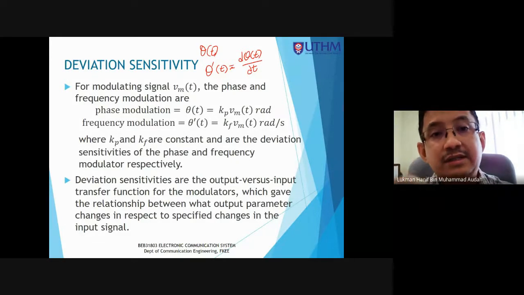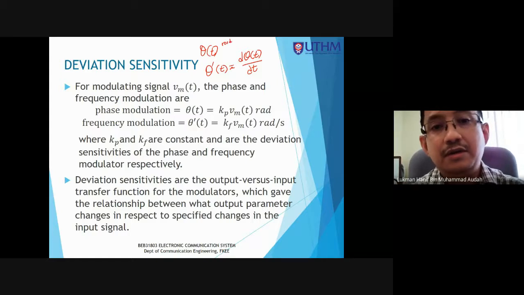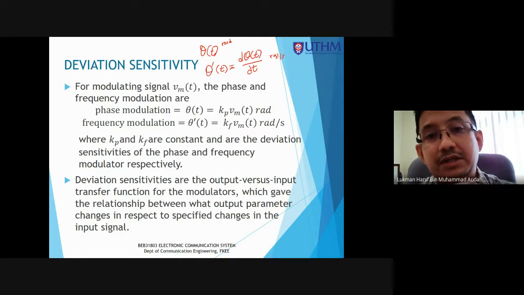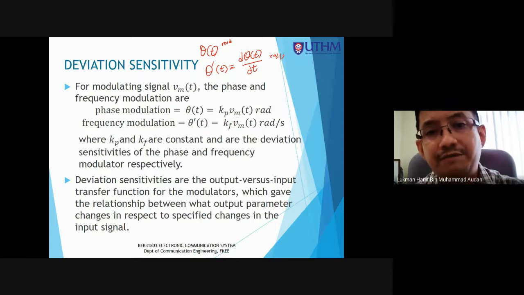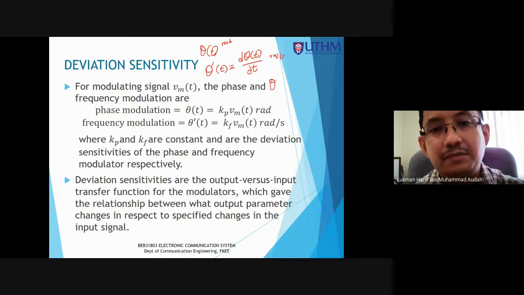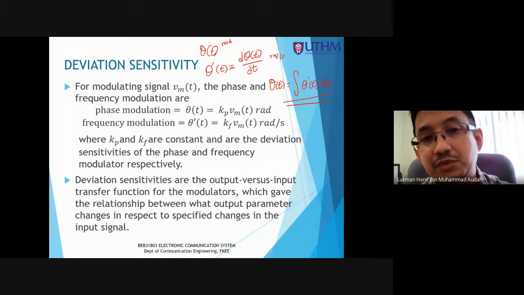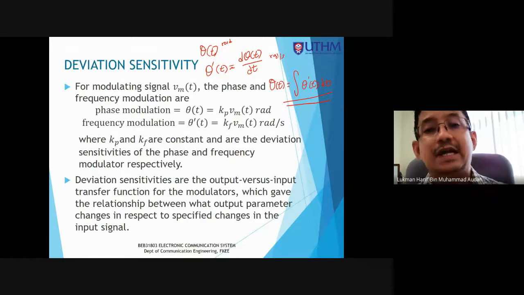Theta t is in radian, and theta prime t is in radian per second, or in hertz. If you want to find theta t based on the theta prime t function, we need to do the integral of theta prime t dt. Kalau kita nak dapatkan semula theta t, kita perlu buat proses kamiran.